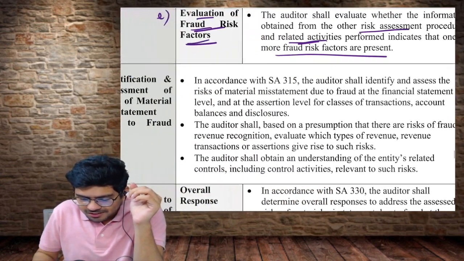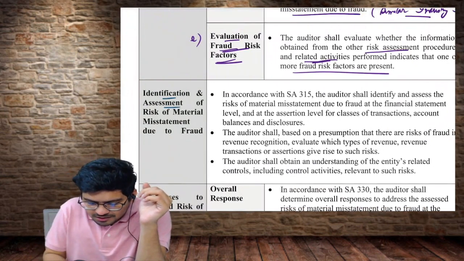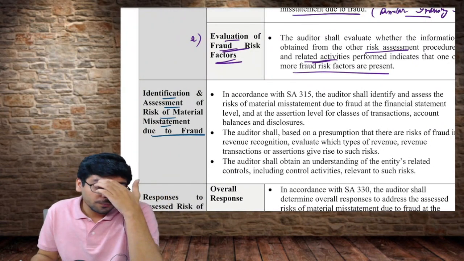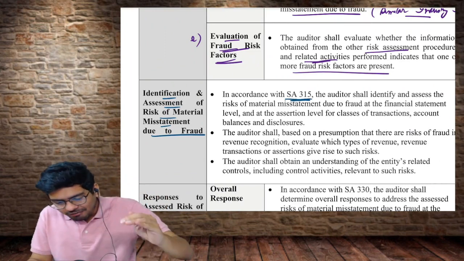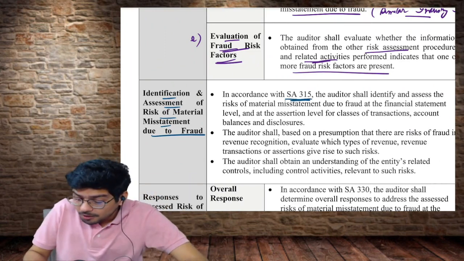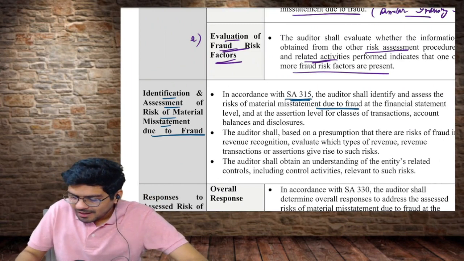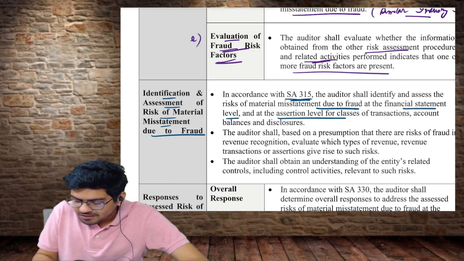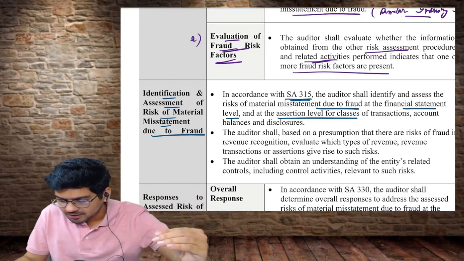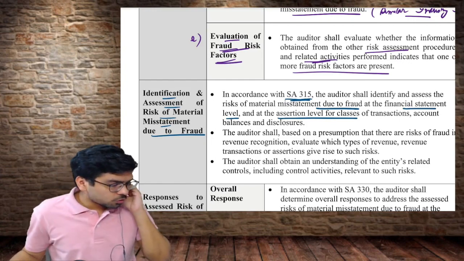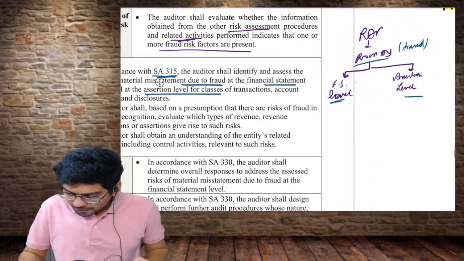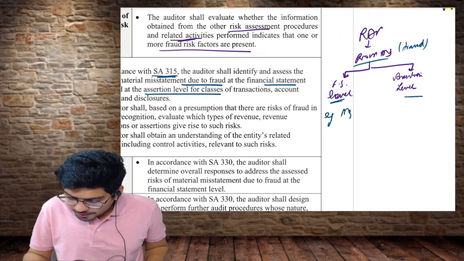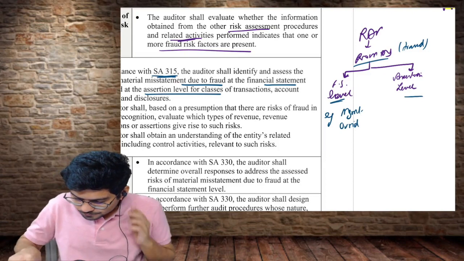Okay, so let's understand the point. Identification and assessment of risk of material misstatement due to fraud. In accordance with 315, the auditor shall identify and assess the risk of material misstatement due to fraud, again at the financial statement level and at the assertion level, for classes of transaction, account balance, and disclosure. Now let's say, for example, management overrides the accounting controls.